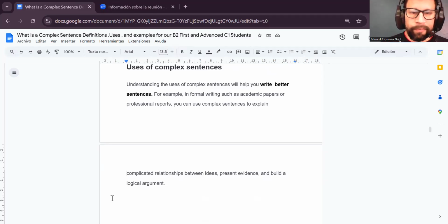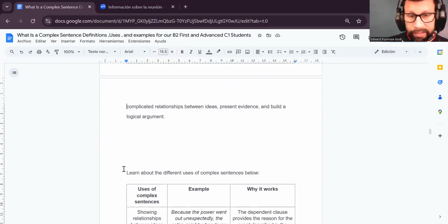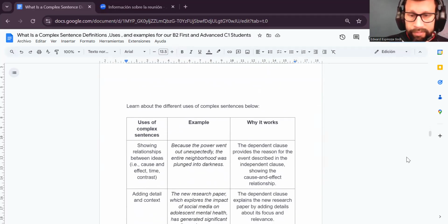For example, in formal writing, such as academic papers or professional reports, you can use complex sentences to explain complicated relationships between ideas, present evidence, and build a logical argument too, which is super important at this level, B2 C1. How does it work? More or less like this.